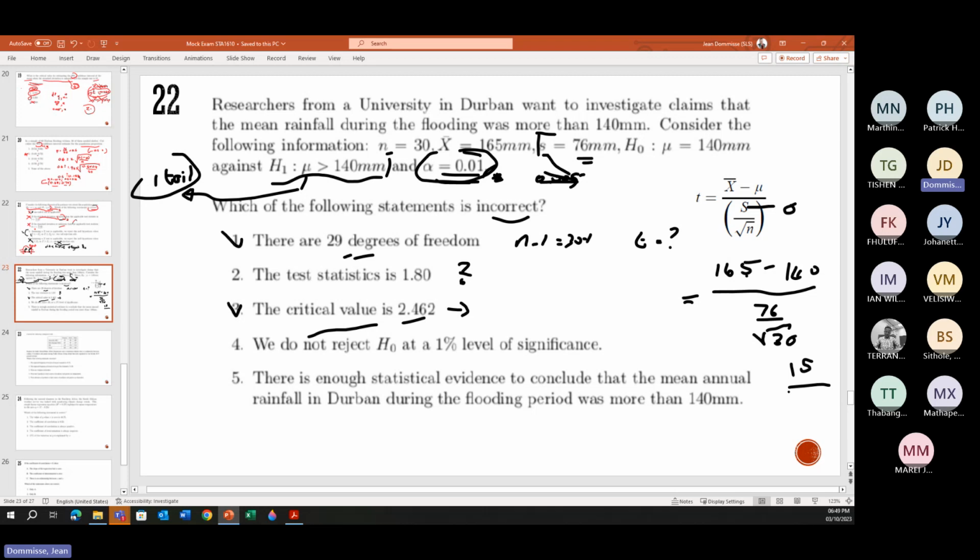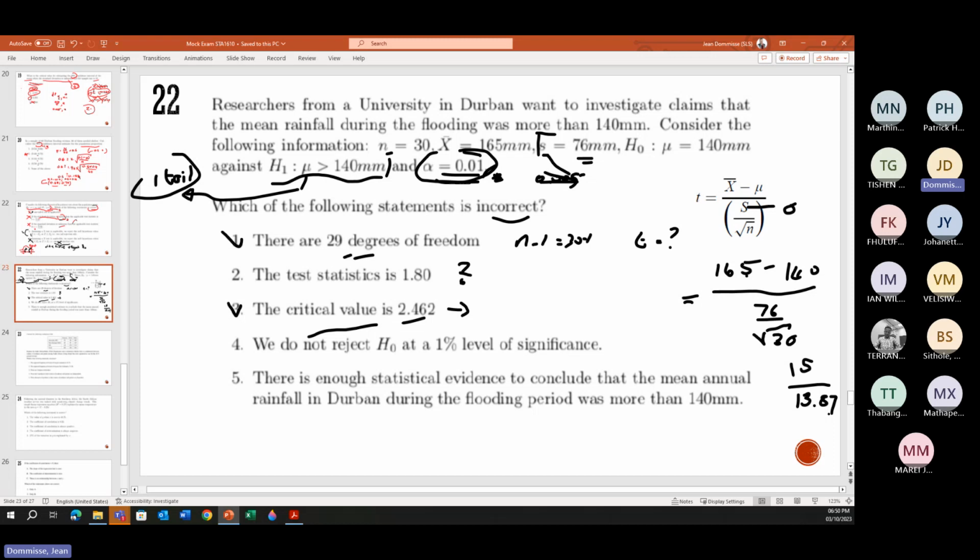And at the bottom, we will have 76 divided by the square root of 30, which I get as 13.87.